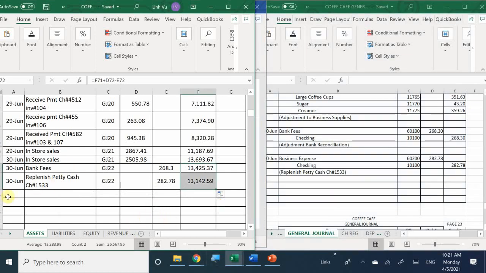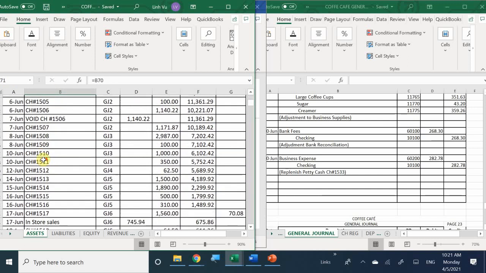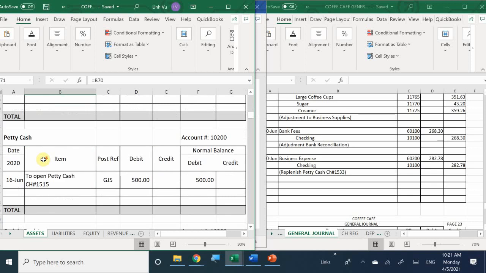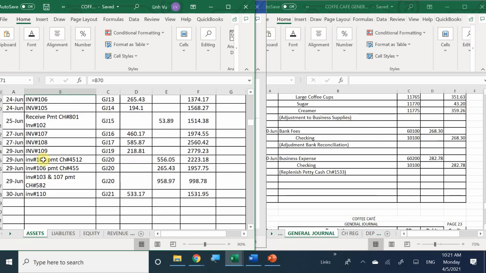I'm going to go to accounts receivable under my assets. What's my account balance right now in my accounts receivable? 1531.95. So here we're assuming that 5% of this 1531.95 is going to be uncollectible.